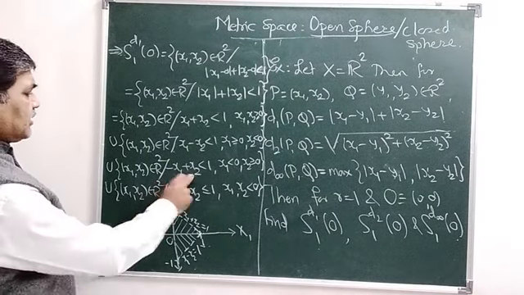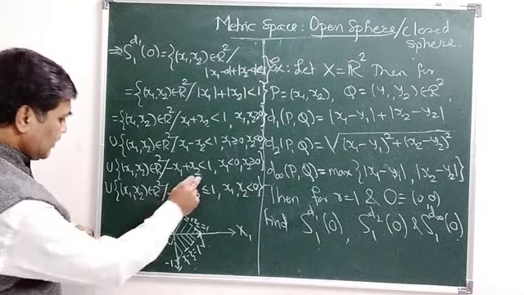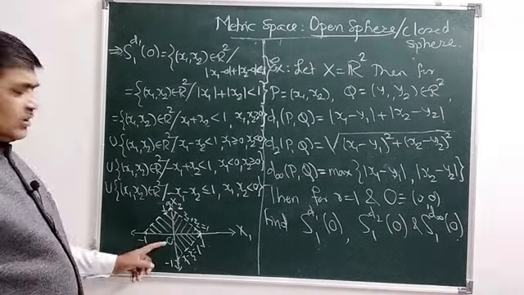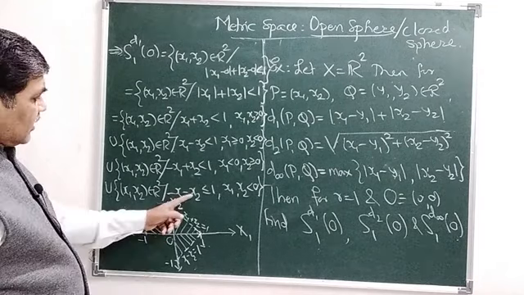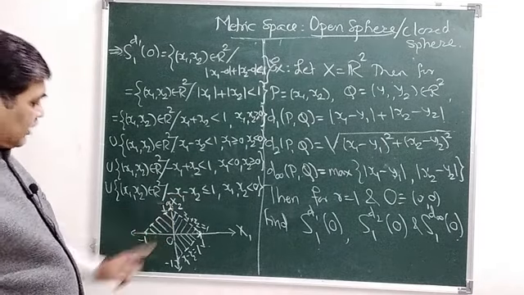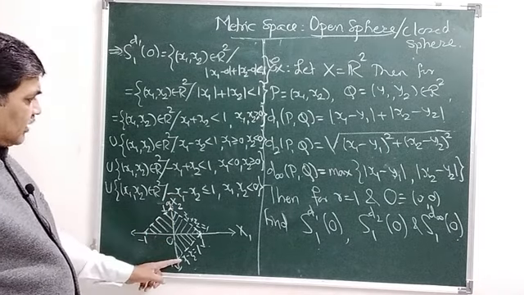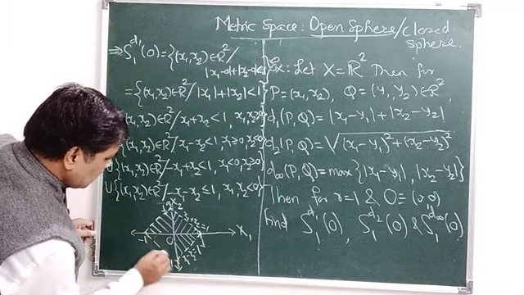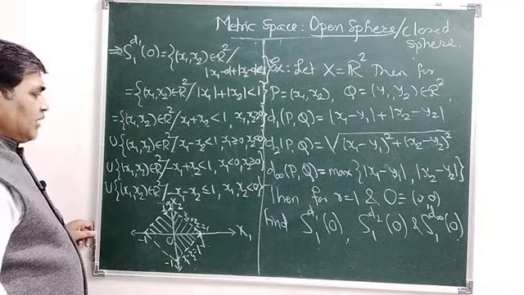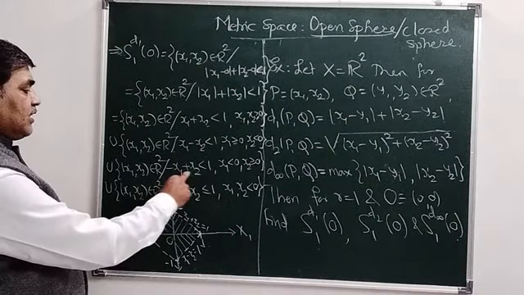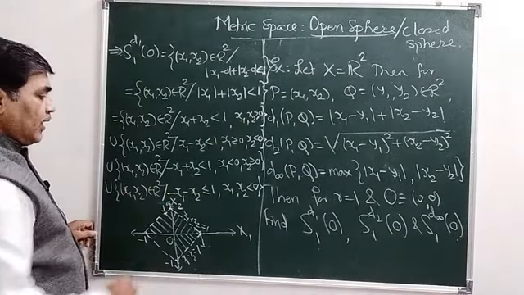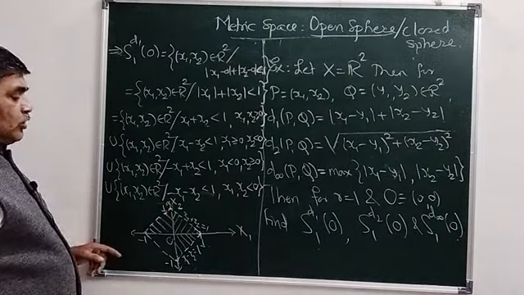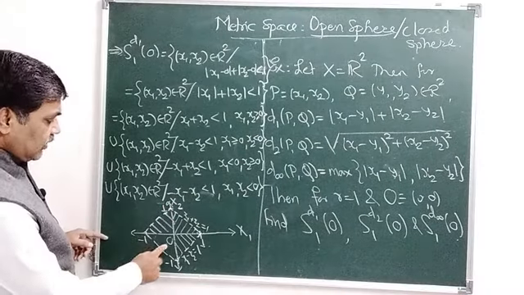Again, 0 satisfies this inequality. Origin satisfies this inequality, so this side region. For this, x1 intercept is minus 1 and x2 intercept is minus 1. Both intercepts are negative, so I will get this line segment connecting them, minus x1 minus x2 is equal to 1 line, and x1, x2 less than zero means this quadrant.